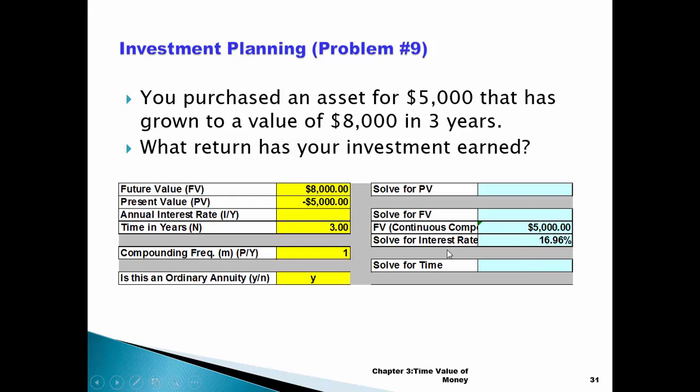So we end up with an interest rate, the return on this investment, of around 16.96%. Again, as I mentioned, this is a very mechanical process. You look at the numbers that you're given, plug those into the boxes, make sure you have all the information you need, obviously, and then look for the solution on the right-hand side.